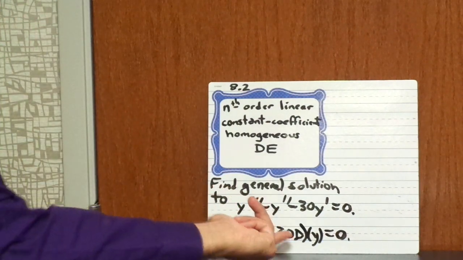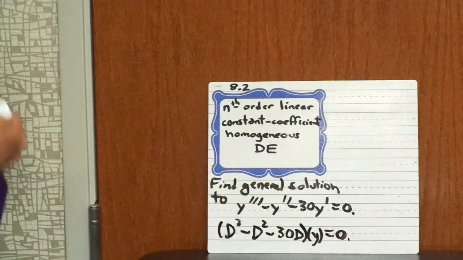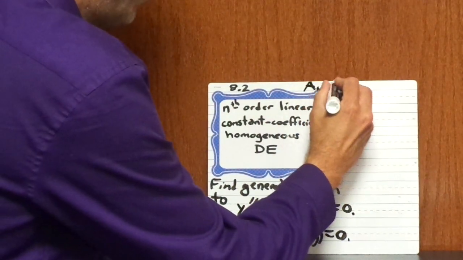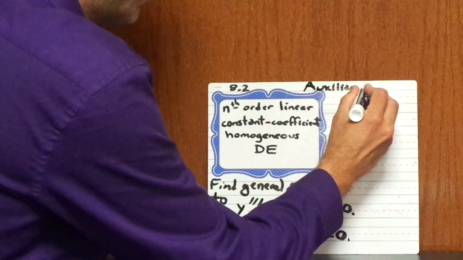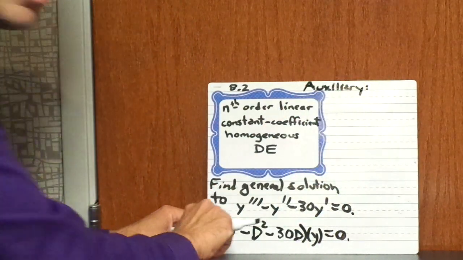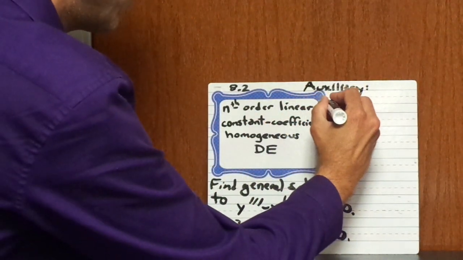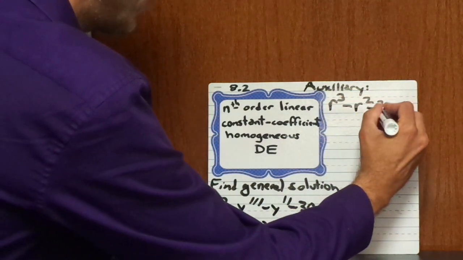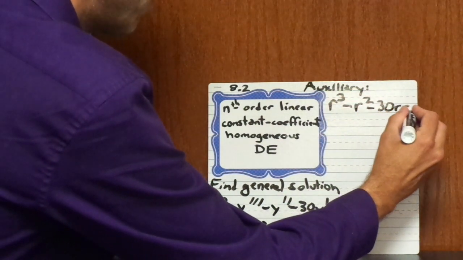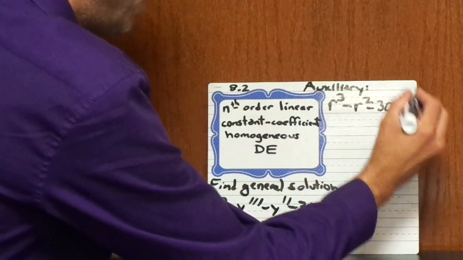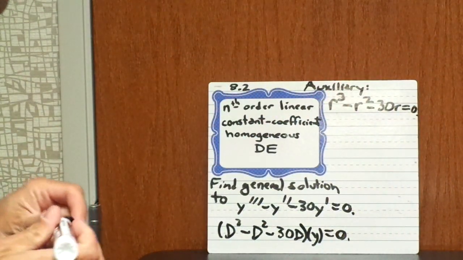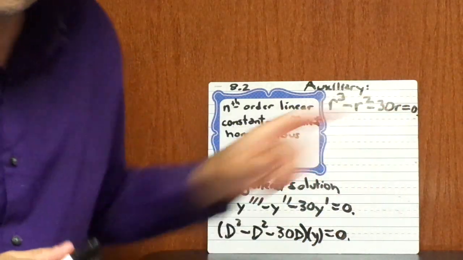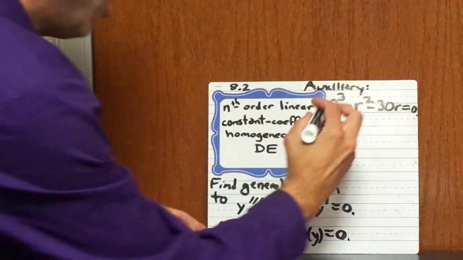And of course, from the operator expression, I can get my auxiliary equation very easily, right? My auxiliary equation, I just change all of the d's to r's. So it would be r cubed minus r squared minus 30r is equal to 0. Now on this one, we're kind of going to luck out a little bit because each of the factors on the left side has an r in it.